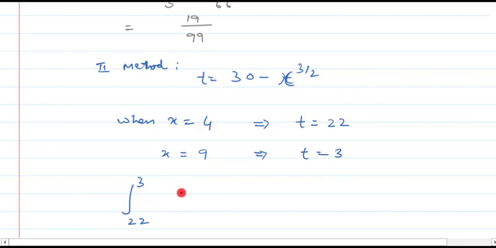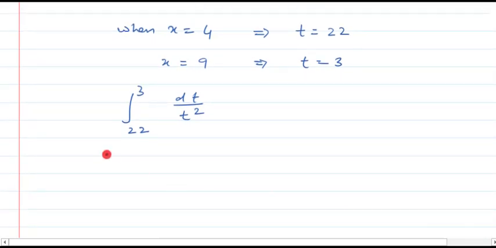And now the new function in terms of t is dt upon t square. So we can write it as minus 2 upon 3 outside, into the integration of this, which is minus 1 upon t, and limits are from 22 to 3.